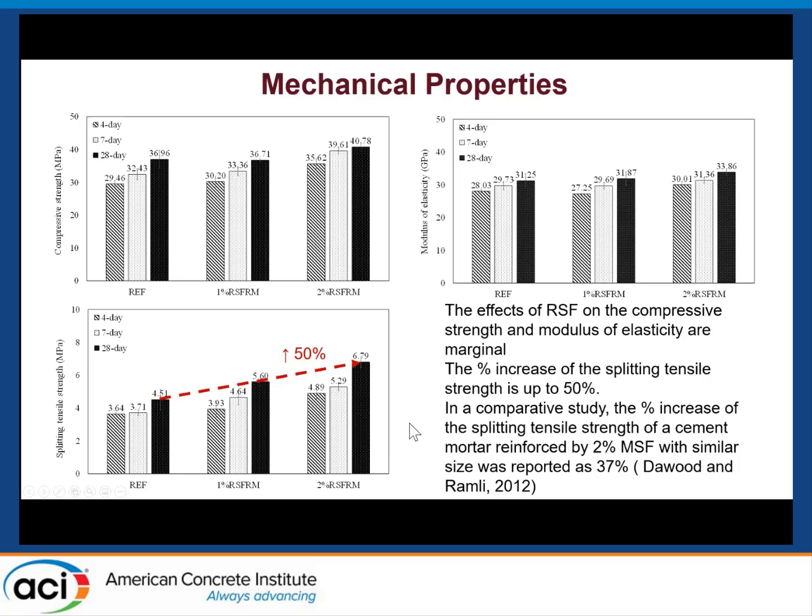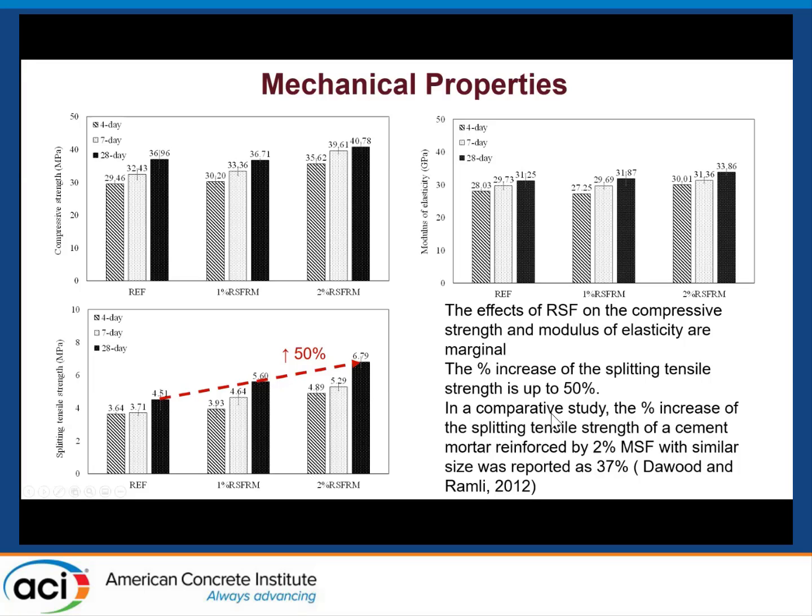And we found a comparative study, and the authors in this paper used 2% manufactured steel fiber with similar size to reinforce the cement mortar, and their percent increase in the split tensile strength was only 37%. So note our improvement is 50%.